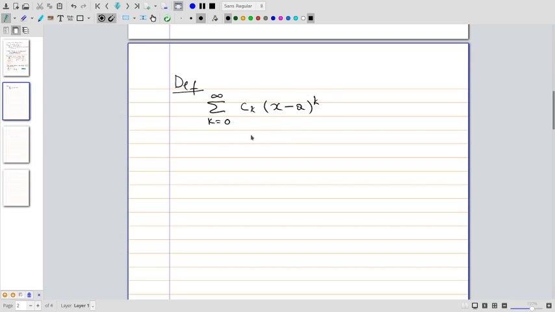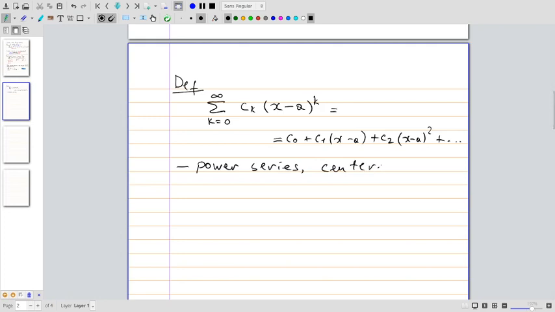This series is now equal to c0 plus c1 (x minus a) plus c2 (x minus a) squared, and so on. This defines a power series centered at a, where a is simply a constant.